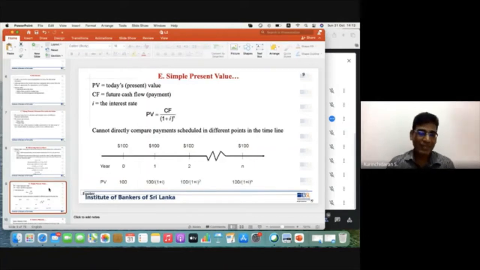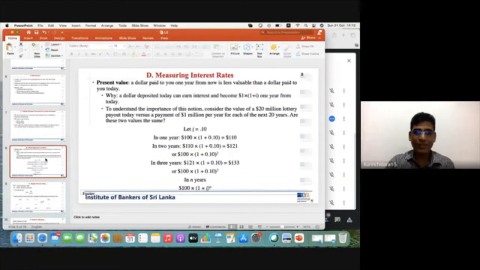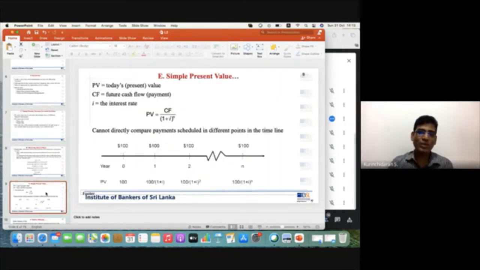As I said earlier, if we want to see a present value or a future value, you can take this $100 and within the bracket 1 plus 10% interest rate, you will get 110, right? It's a one-off payment we are talking about here. But here you are going to discuss a sequence of cash flows.